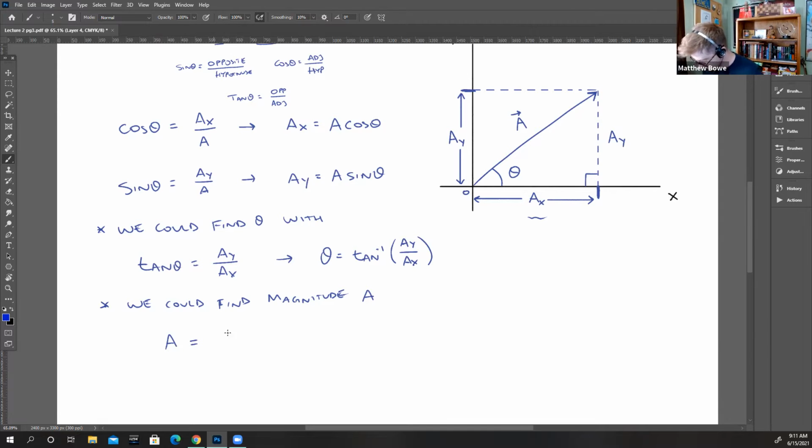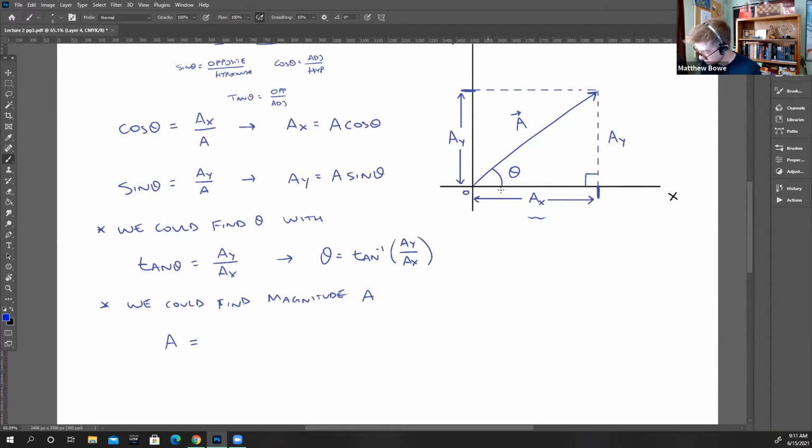So this is a triangle, and if we want to find the length of the hypotenuse, the formula is a squared plus b squared equals c squared.